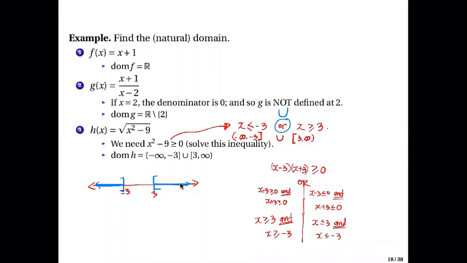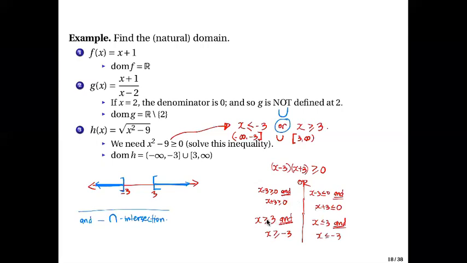So this is the word "or," or the symbol union. Now, what about the word "and"? For the word "and," the symbol we are going to use, or the symbol corresponding to the word "and," is this guy here, and we call this the intersection.